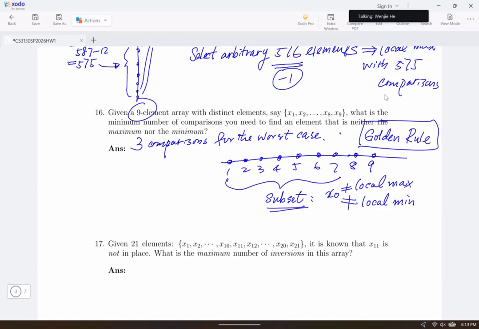Yes, right? Because x0 is not a local max, that means x0 is smaller than the local max. Different from the local minimum, that means it is greater than the local minimum.